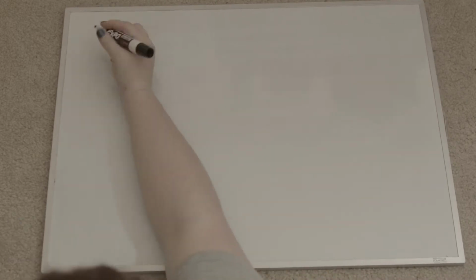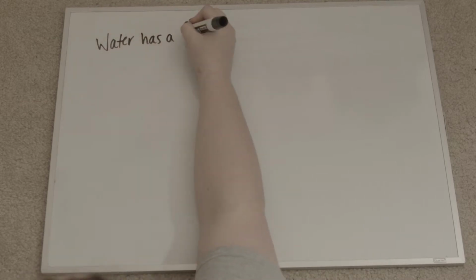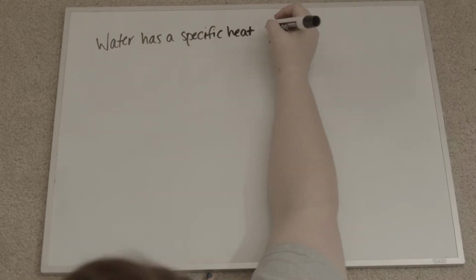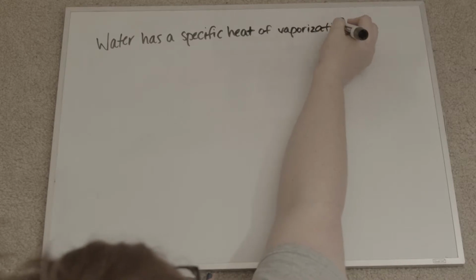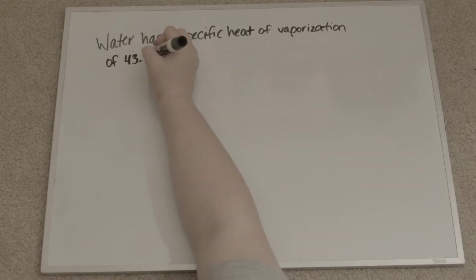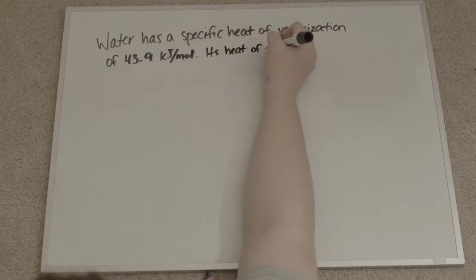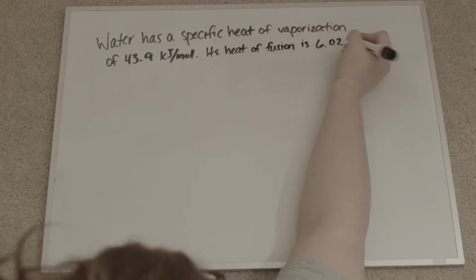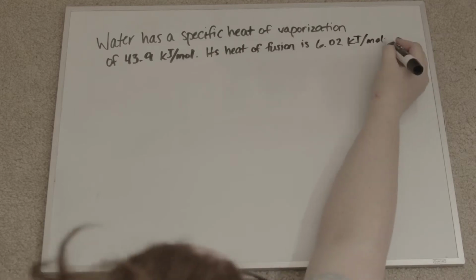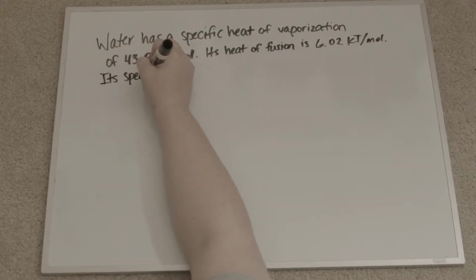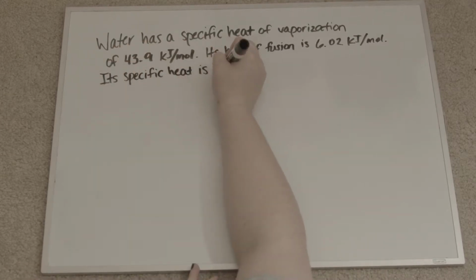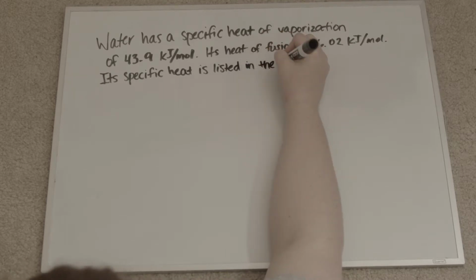Now, the example we're going to do today: water has a heat of vaporization of 43.9 kilojoules per mole. Its heat of fusion is 6.02 kilojoules per mole. And then its specific heat is listed in the chart that I'm going to write for you right after this.